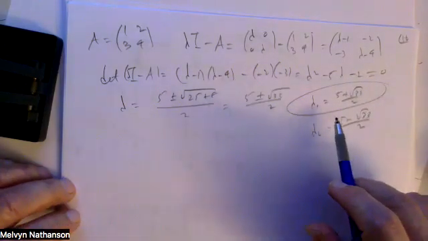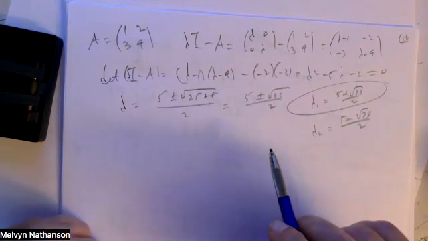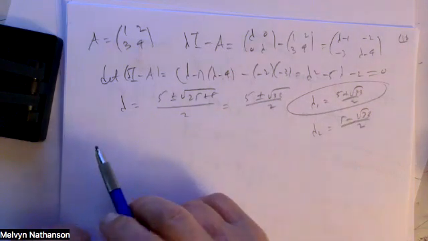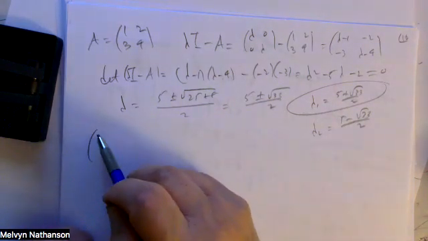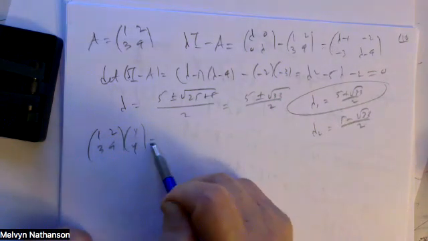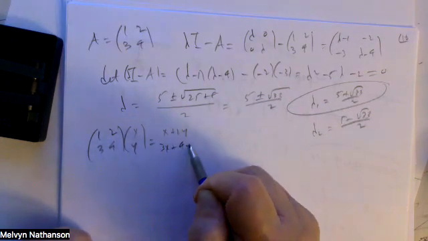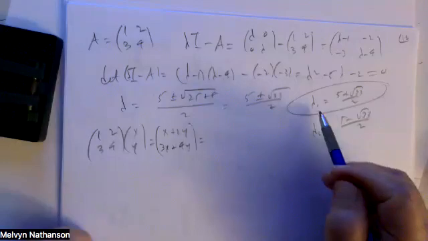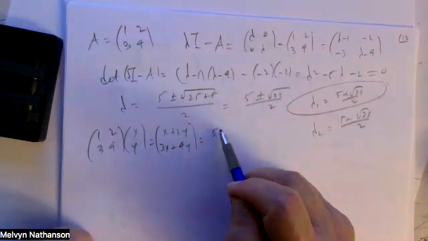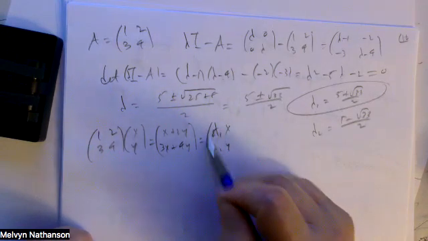So let me try to find an eigenvector for this eigenvalue. What does that mean? It means I need to find x, y such that 1, 2, 3, 4 applied to the vector x, y, which is x plus 2y, 3x plus 4y, is going to be lambda 1 x, lambda 1 y.